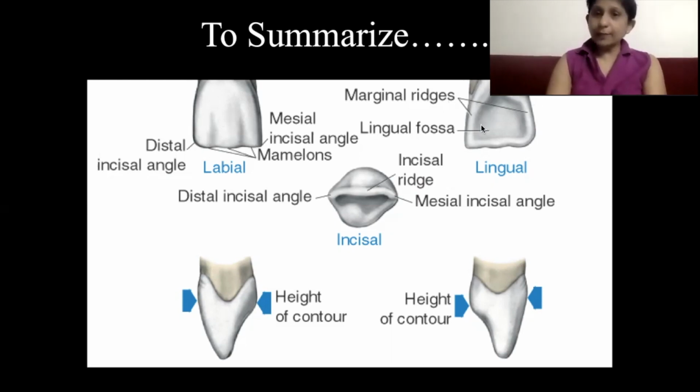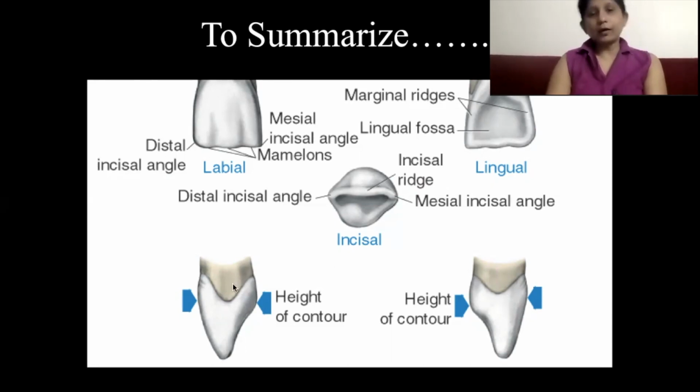In the lingual aspect, you can see the prominent lingual fossa, surrounded by the cingulum cervically, the rounded distal marginal ridge on the distal side, the sharp mesial marginal ridge on the mesial outline, and the incisal ridge incisally.